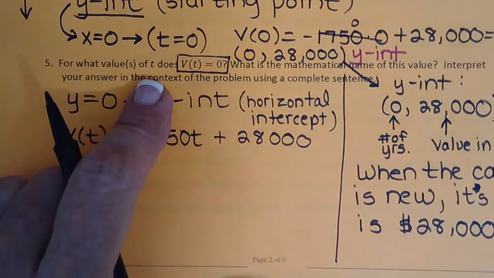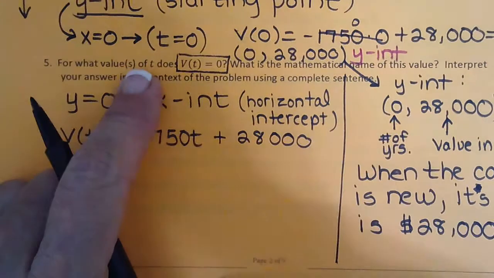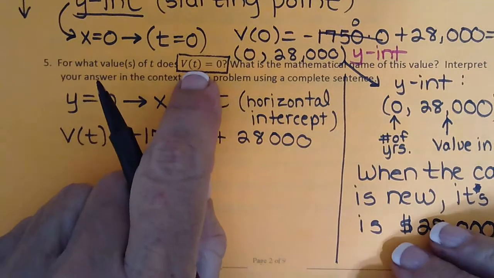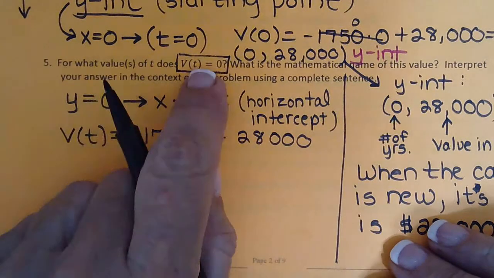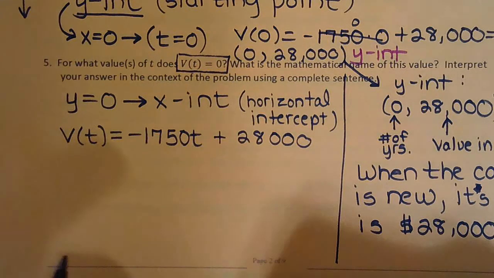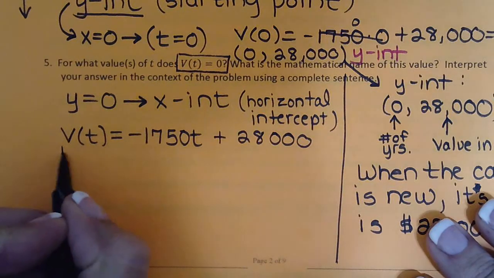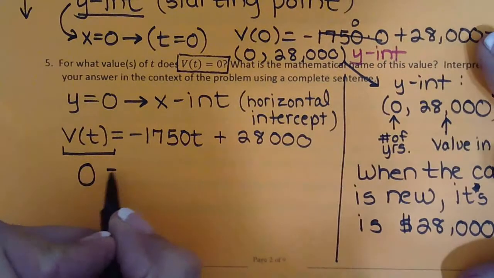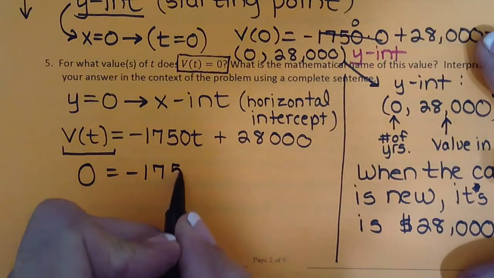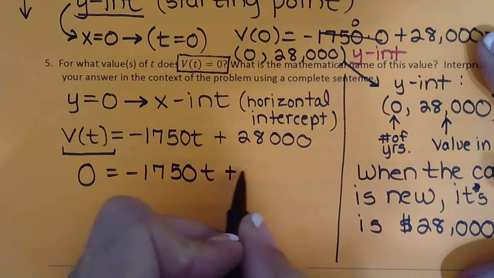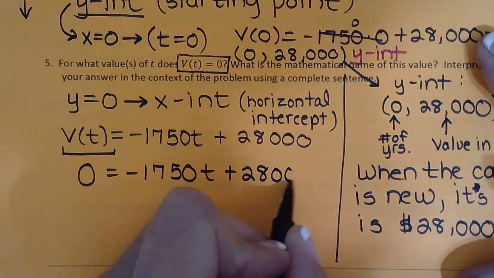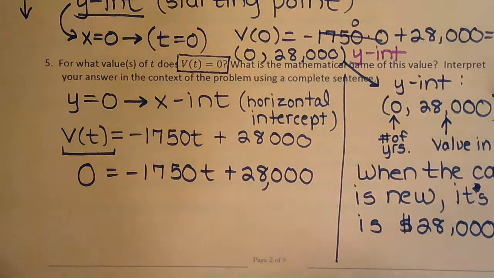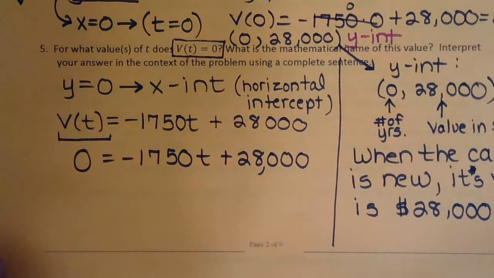In other words, that's saying find x, because x is what's in parentheses, when y is 0. That's how you should think about it when you look. So make this 0, as it's saying. And you also did this on your last test, so this should be familiar. We found the x and y intercepts for a couple different problems.